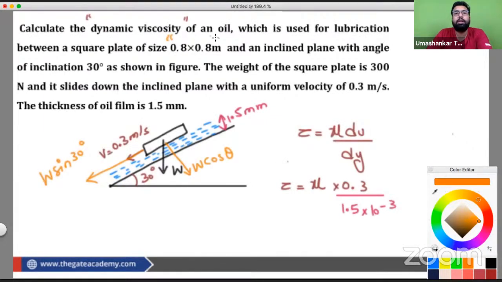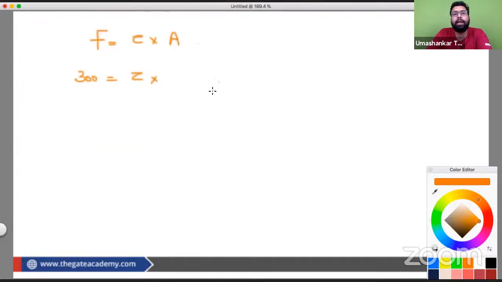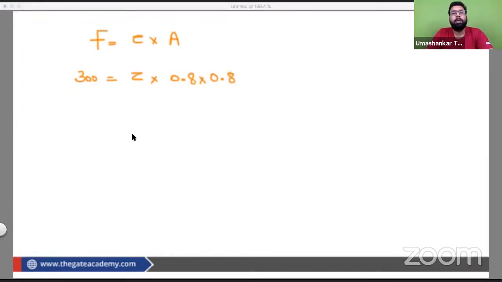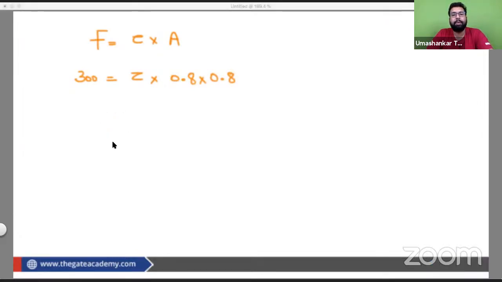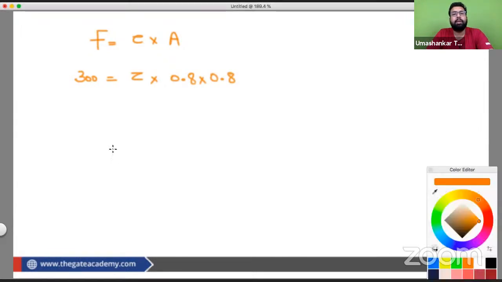They have given you the surface area because a square plate is there. So it is 0.8, 0.8. So surface area is 0.8 into 0.8. So from here, obviously you can find the shear stress. What is the shear stress that we are getting from here?